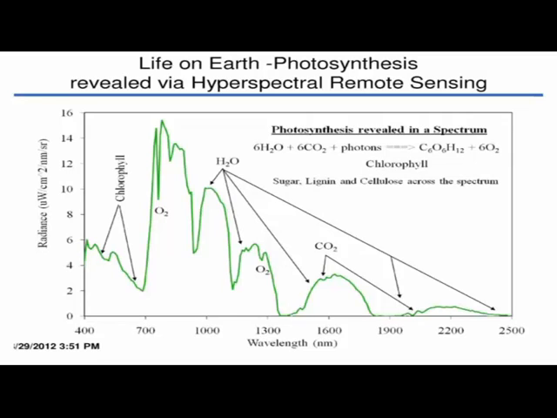Now, looking at hyperspectral applications with respect to photosynthesis, which is a process that decides life on the earth, you can see the basic equation of photosynthesis given here: water with carbon dioxide and light synthesizes carbohydrate and oxygen. You can see this is the region which is governed by chlorophyll content.